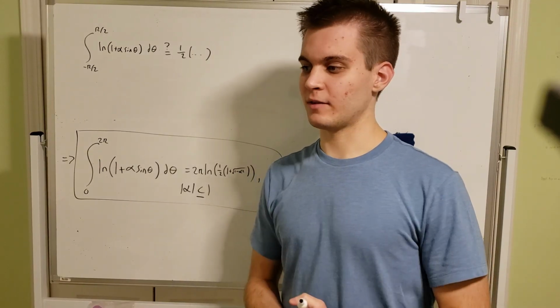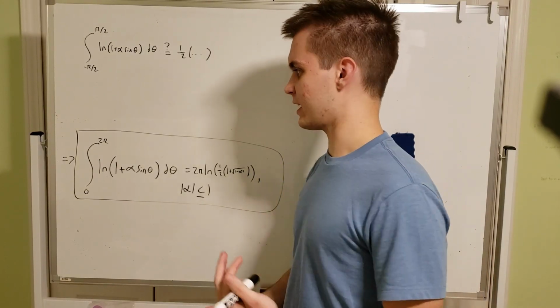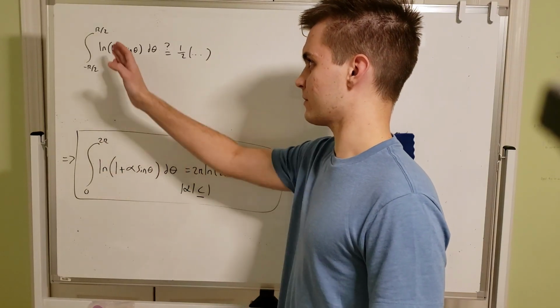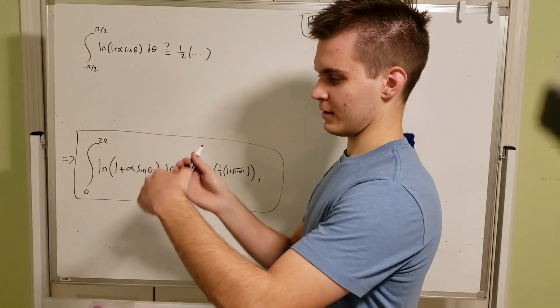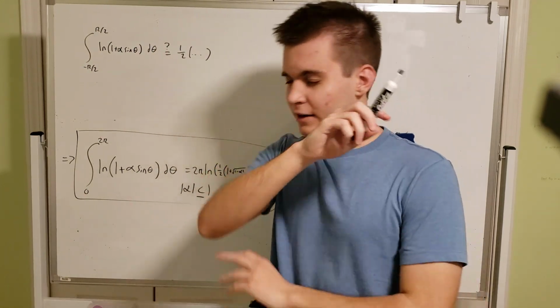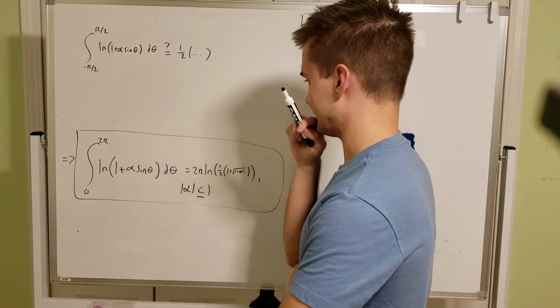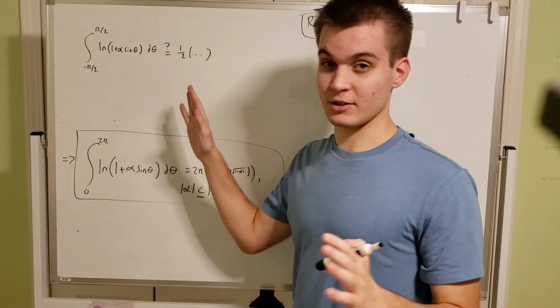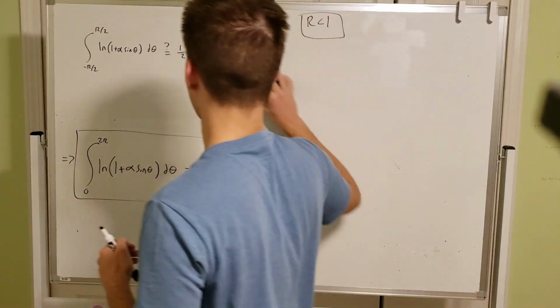I'll leave that to you. That should be a neat little quick exercise to show that this is just 2 times an integral along the theta range that lets sine take on all its values. Yeah, so I'll just state that this is true, and then you can prove it yourself if you want.